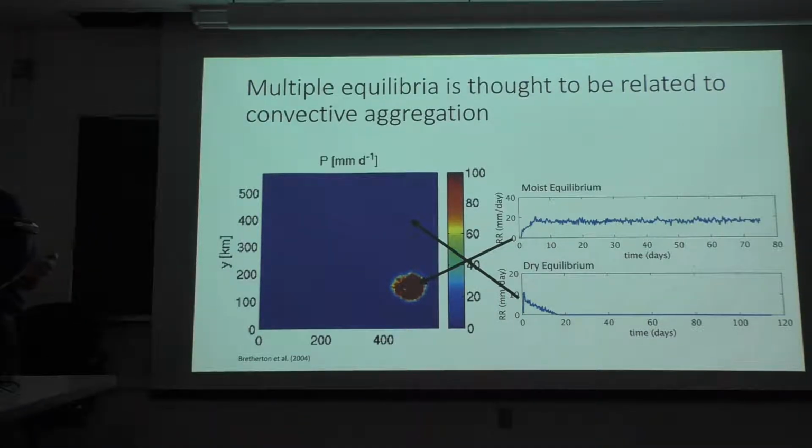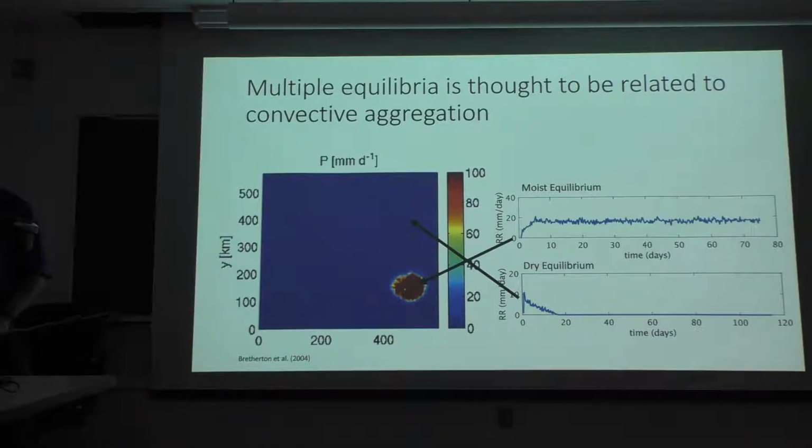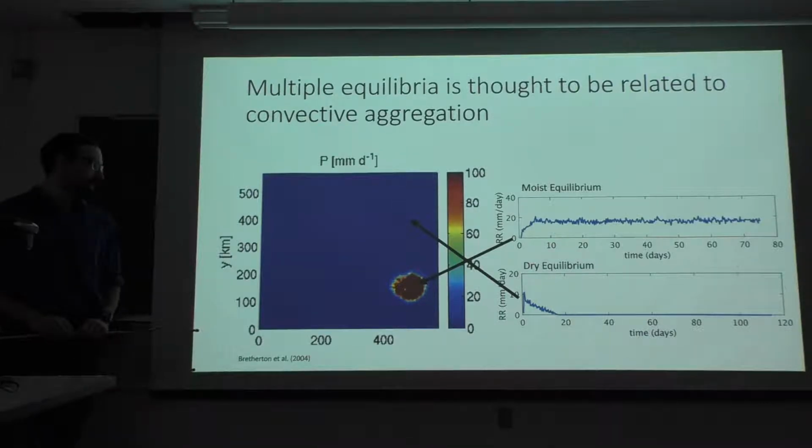Yeah, I think that's somewhat of an open question. We aren't sure if this represents an actual physical phenomenon, but we know many of the same mechanisms that lead to convective aggregation are present in many different models, and also are present in the real atmosphere.